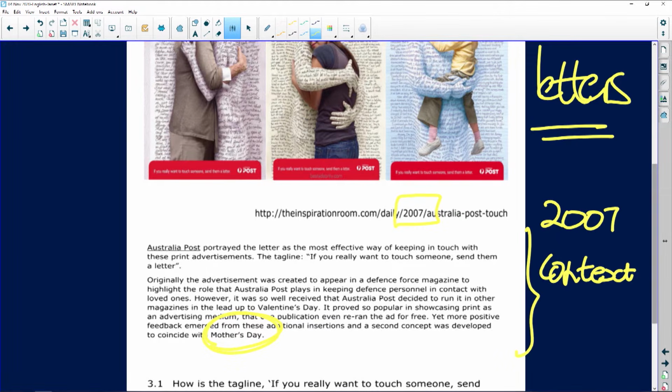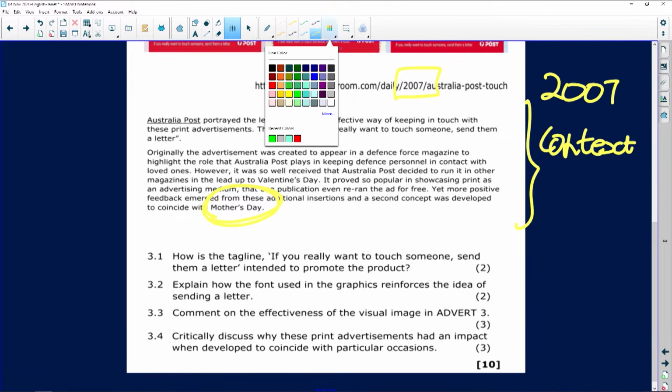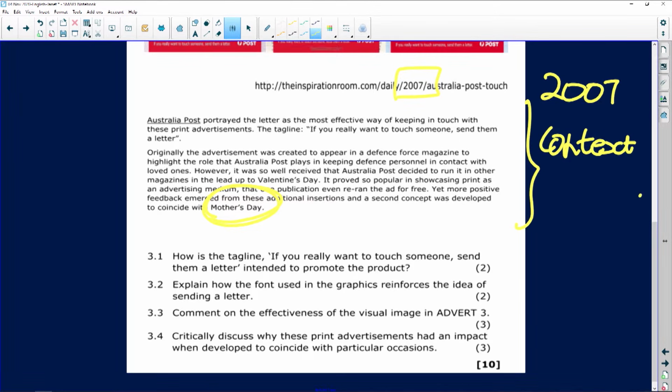Okay, with that background, we've got a how, no, I didn't want that, I wanted red. A how, an explain how, a comment on, and a critically discuss. Okay?